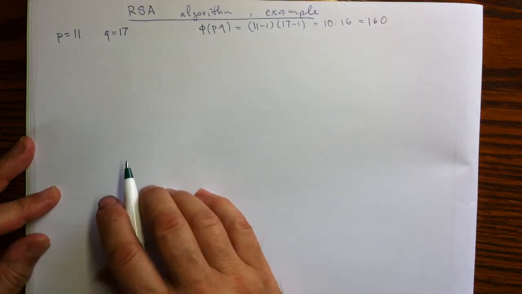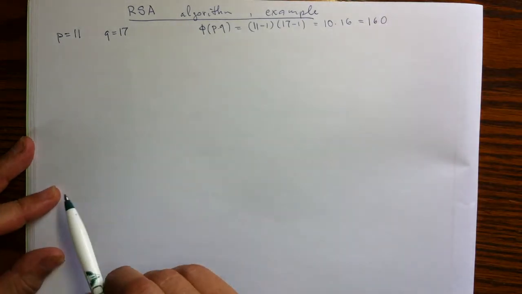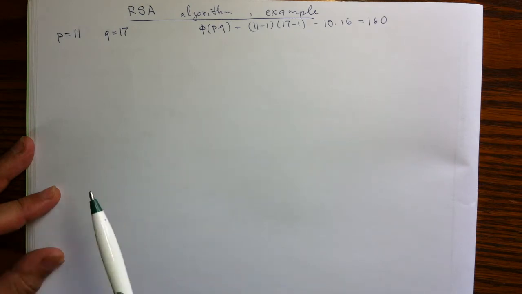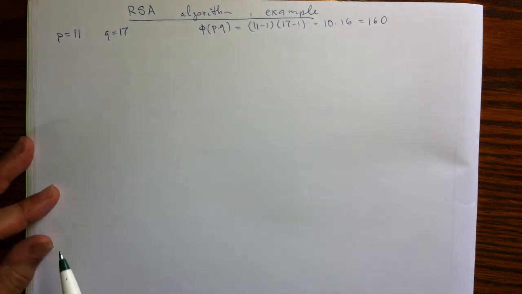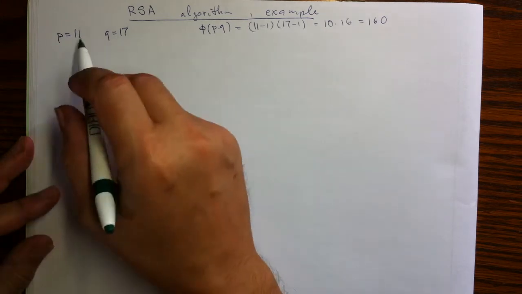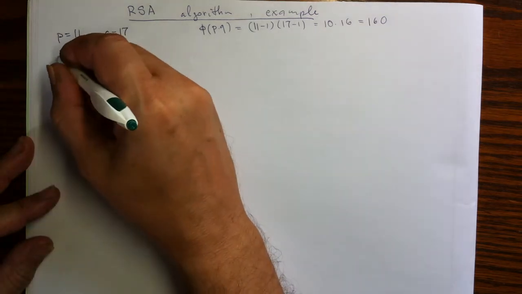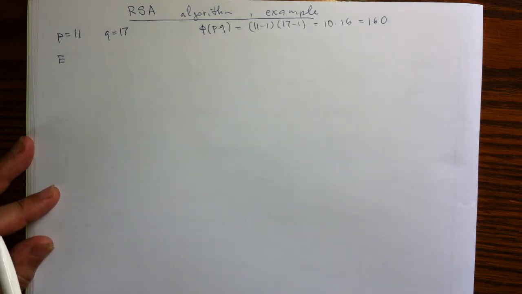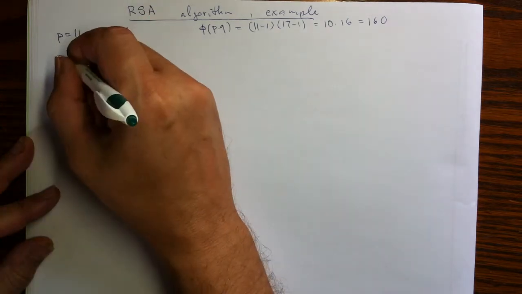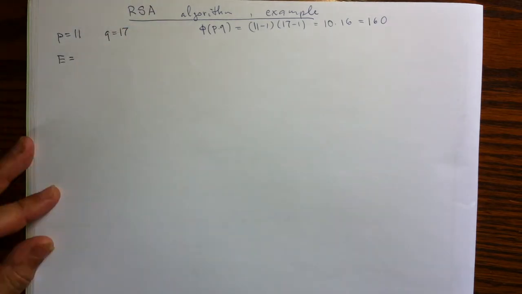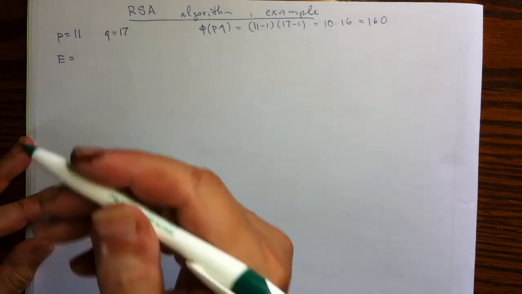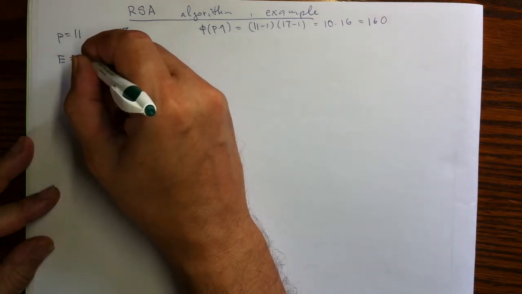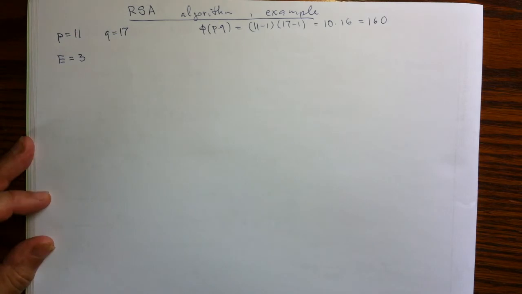So that is the sort of universal cycling behavior modulus for the powers of invertible things, but we need to find something which is co-prime to this 160, so that means co-prime to 2 and 5, and the easiest such will be 3.